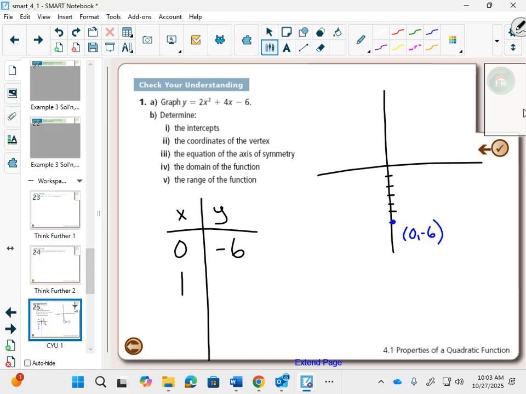If I plug in 1 for x, I would have 2 plus 4 is 6, minus 6 is 0. So on my graph, when I plugged in 1, I got 1 comma 0.